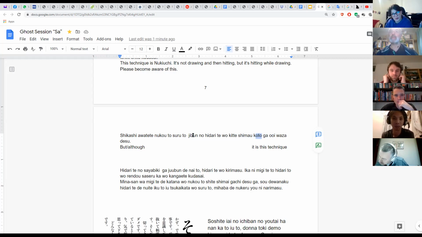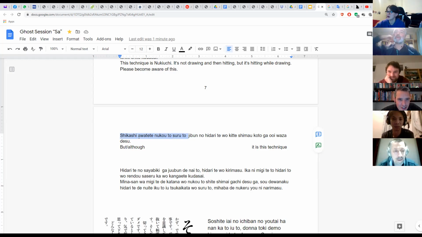Oh. Sure. So now he's said that this is a technique where people have the tendency to cut their left arm or their left hand. Right. Okay. When they draw their sword. Yes. Now this might help you to understand what this means. This bit here. Not shikashi, although confusing.